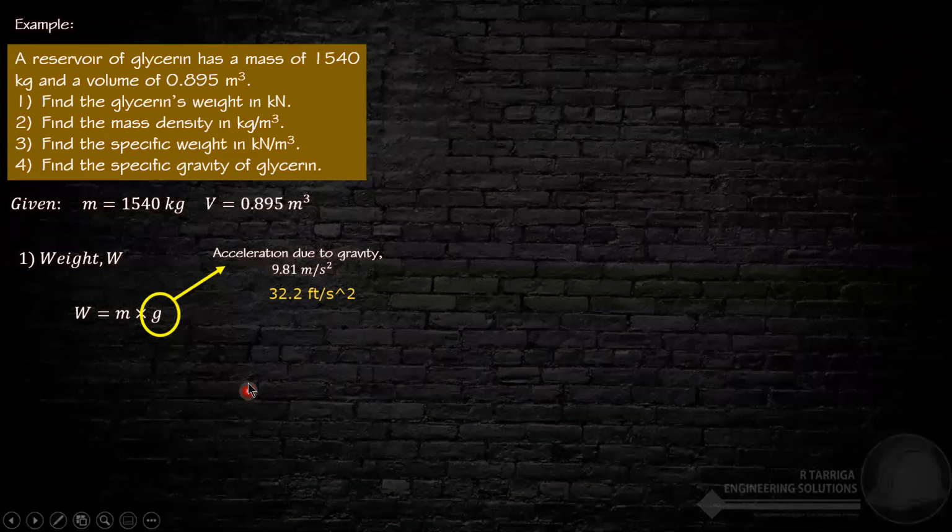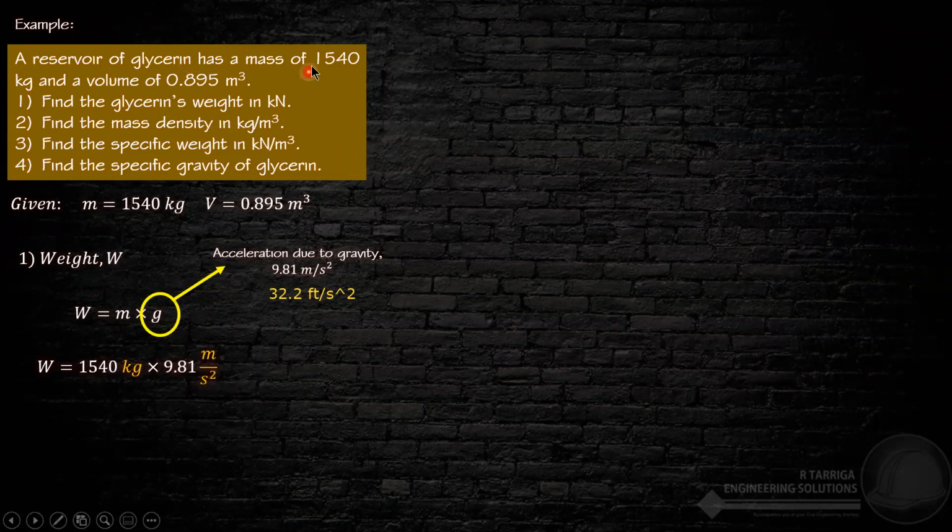Let's continue. The mass is 1,540 kilogram times 9.81. Let's handle the unit first: kilogram meter per second squared is equal to 1 Newton. So the value, 1,540 times 9.81, would be 15,107.4 Newton.